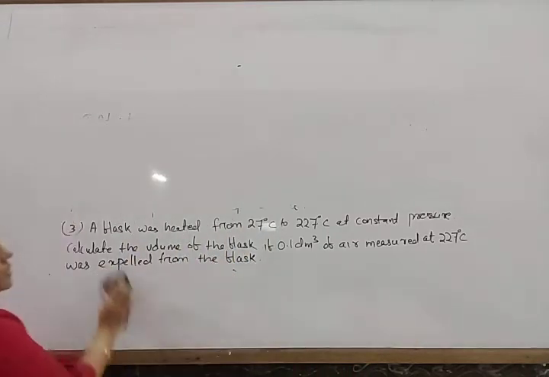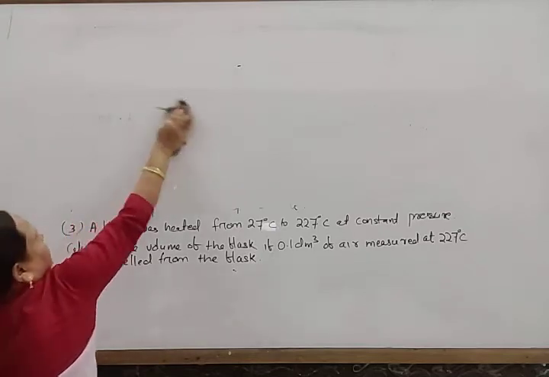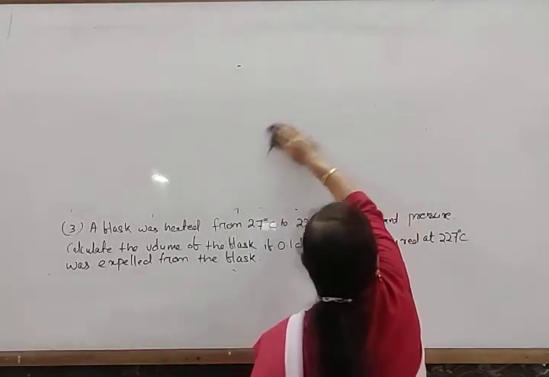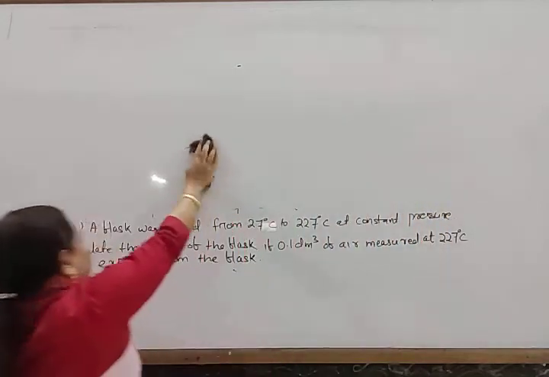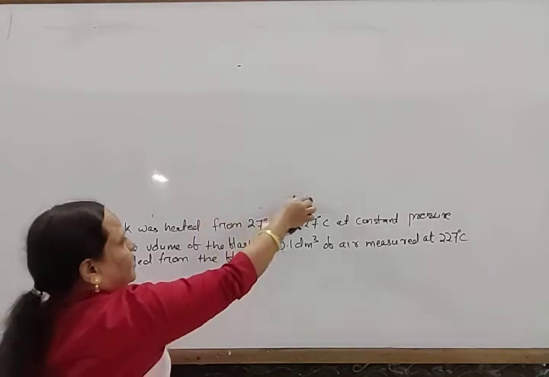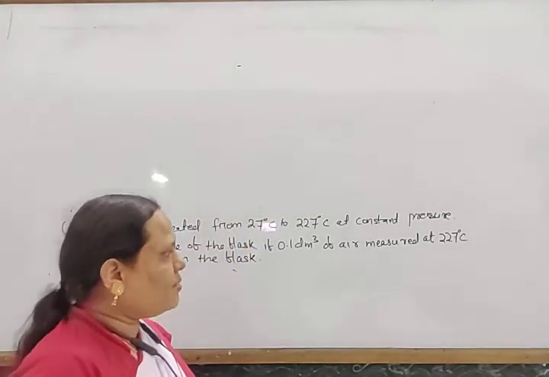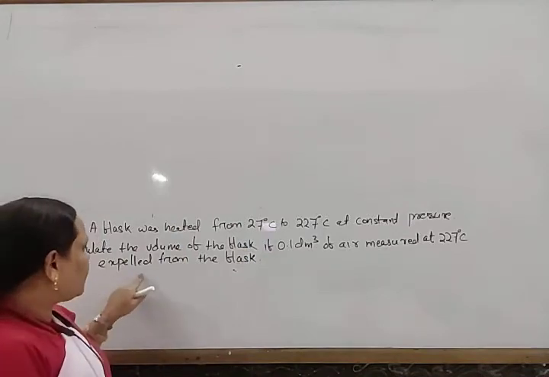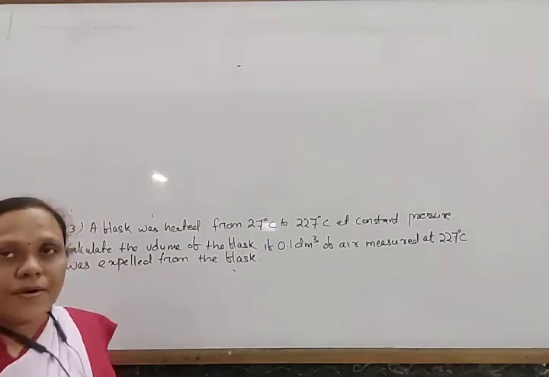A flask was heated from 27 degrees Celsius to 227 degrees Celsius at constant pressure. Calculate the volume of the flask if 0.1 dm³ of air measured at 227 degrees Celsius was expelled from the flask.